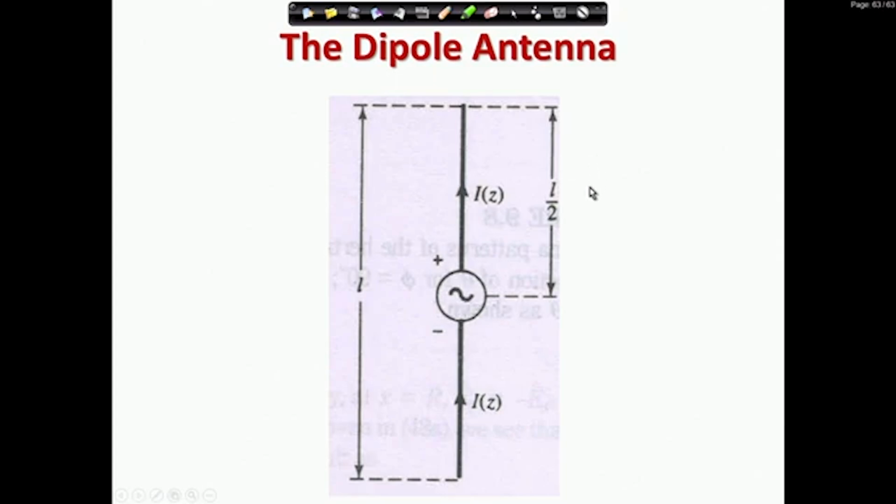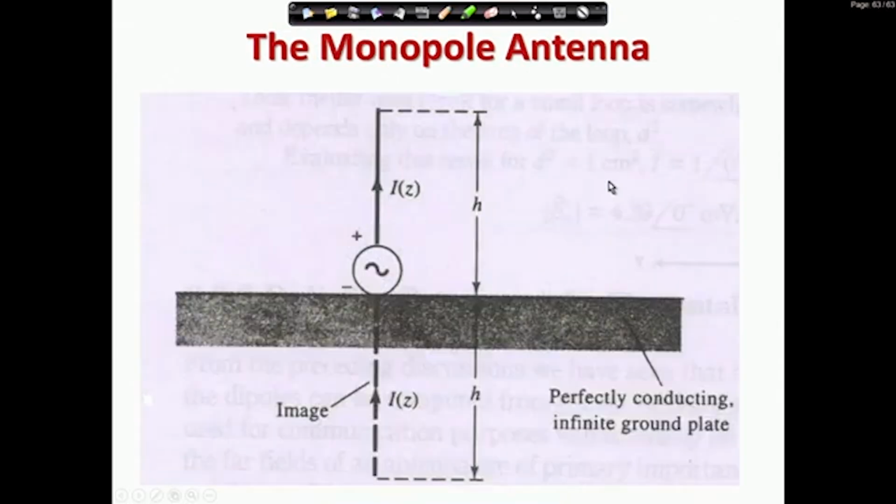Now, sometimes, particularly at lower frequencies, if this length is quite high and such a high length is not permissible, another variety of the dipole antenna, called the monopole antenna, is used. In this case the source is there, and from the source there is only a single pole, the upper pole; the lower pole is not there.